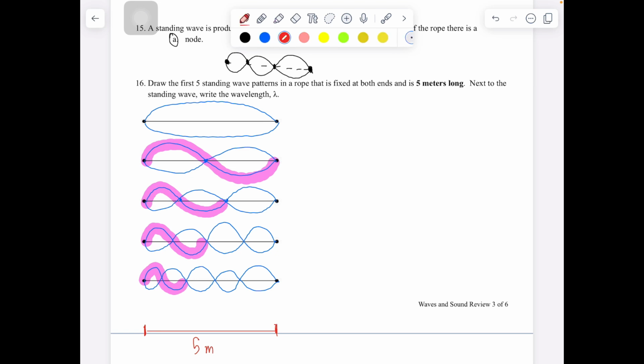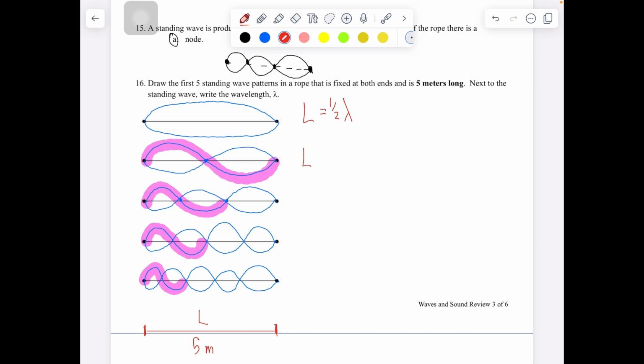Well, one way you could set this up is to say, just like we did in our speed of sound lab, for our length, we have some fraction of a wavelength. So our length is 5 meters. On this first pattern, we just have one loop. That is half of a wavelength.